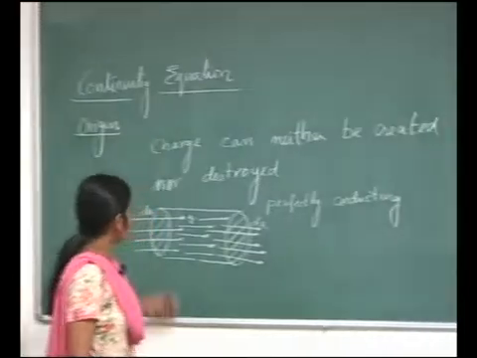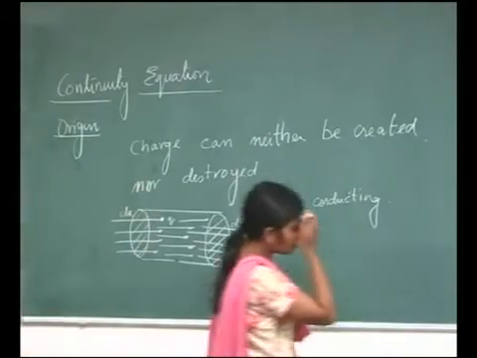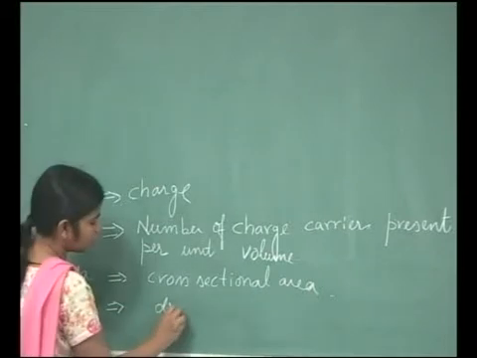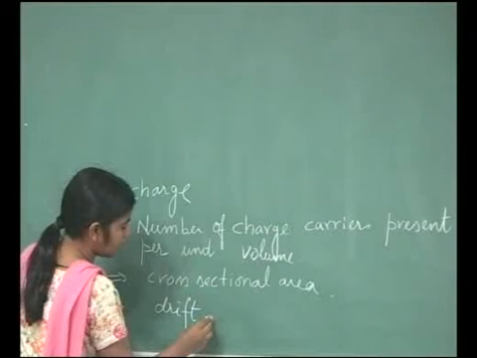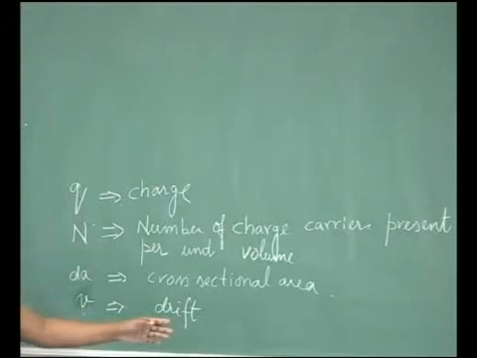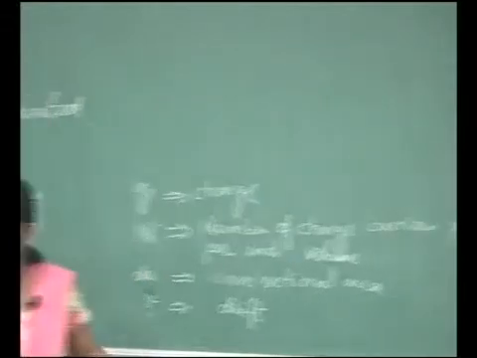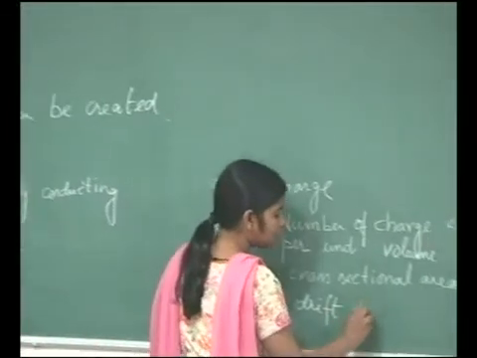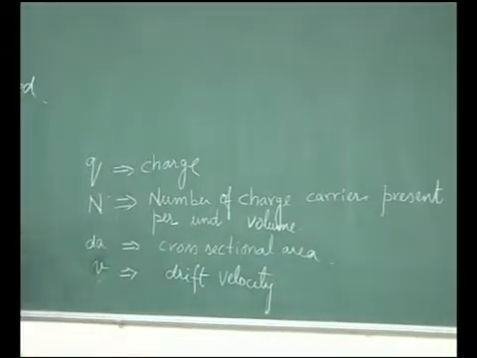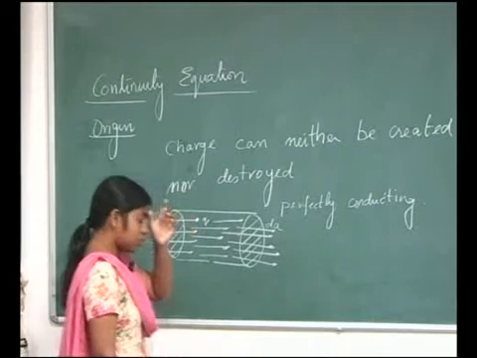I assume that all the charges are moving with drift velocity v. From 603 you must be remembering the drift velocity. We have seen that charge carriers under a constant electric field can drift with a constant velocity.